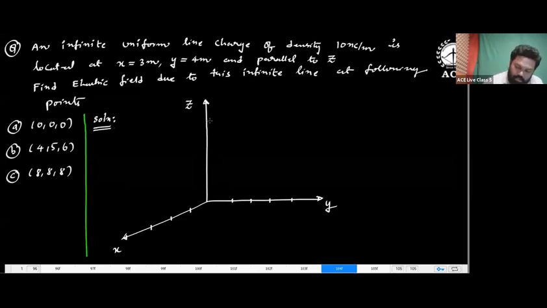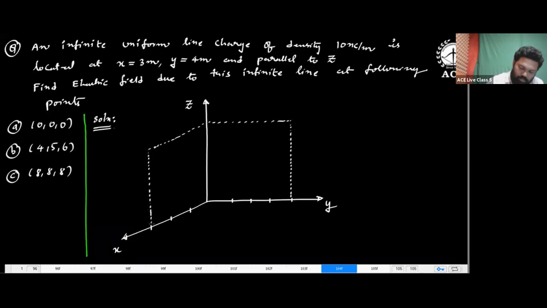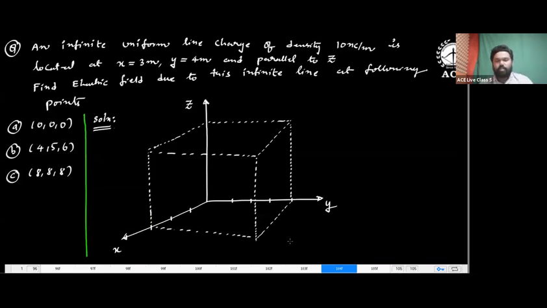Let us make some box out of this for the 3D visualization. So where is this infinite line charge located? x is equal to 3 meters, y is equal to 4 meters, and parallel to the z-axis.